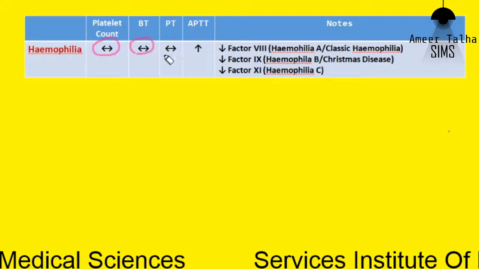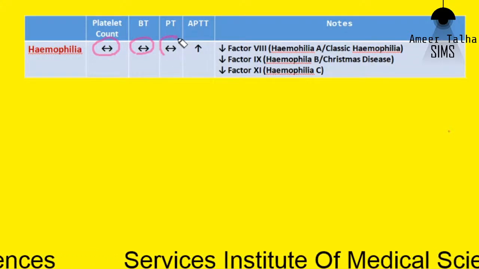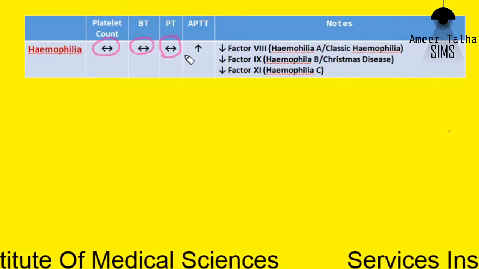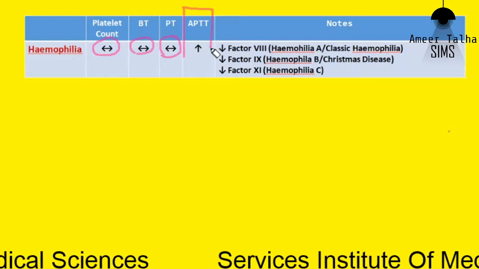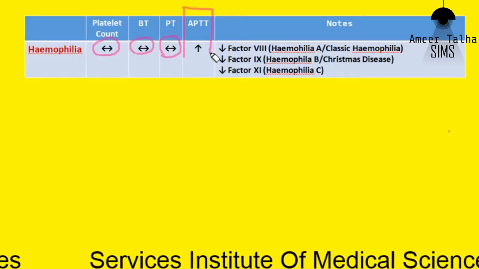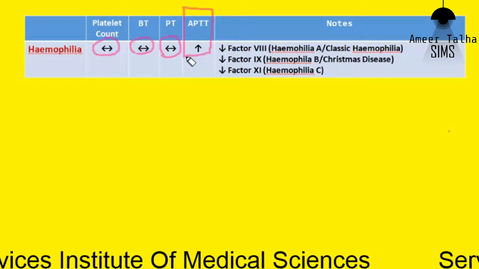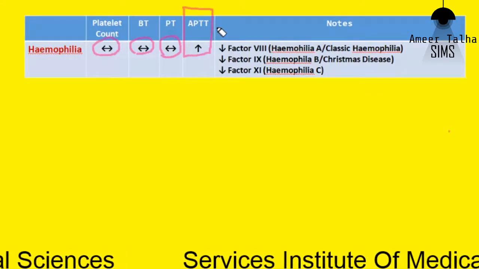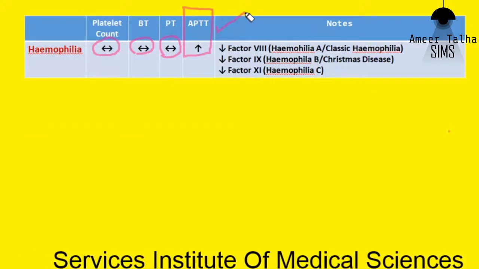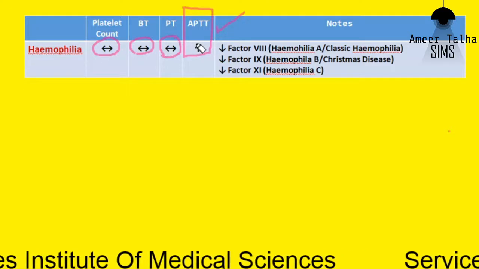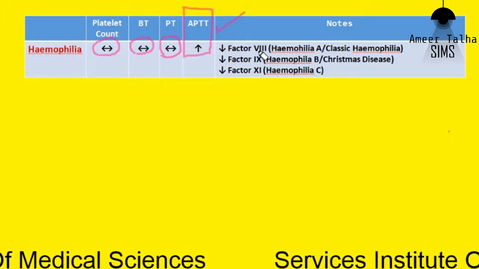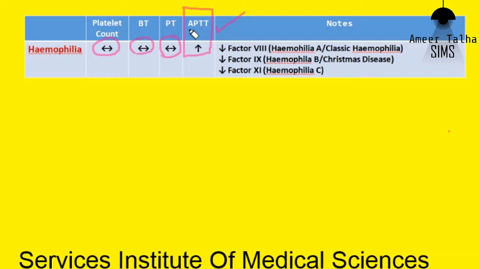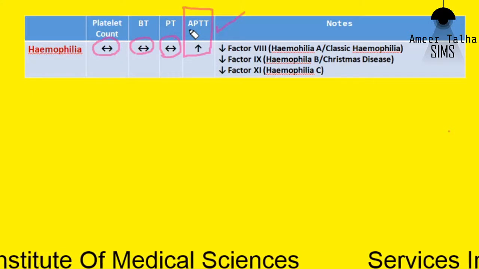That is the reason the prothrombin time is also normal. However, the diagnosis is based on the prolonged partial thromboplastin time or activated partial thromboplastin time. This is the diagnostic test for hemophilia. We may check the factor levels, which factor is deficient, but in each case, the PTT will be prolonged.